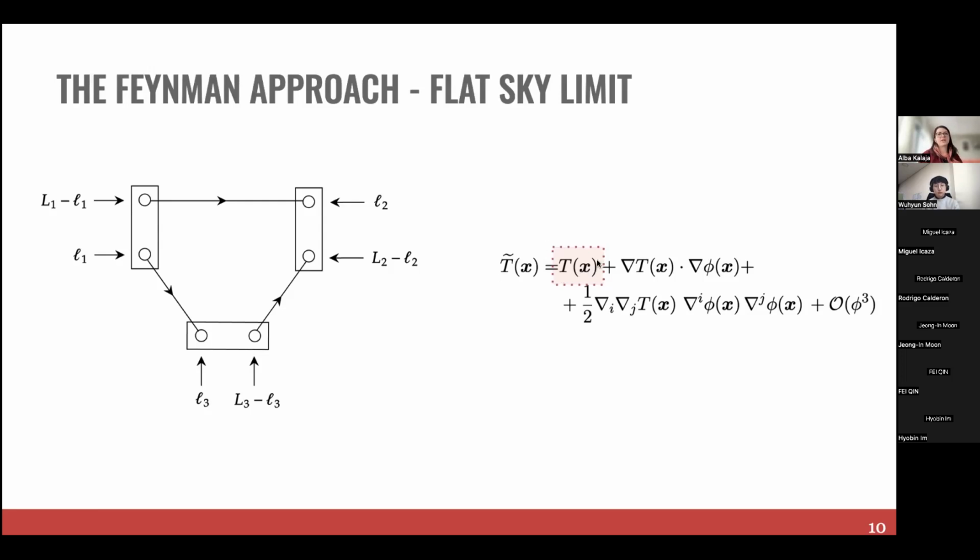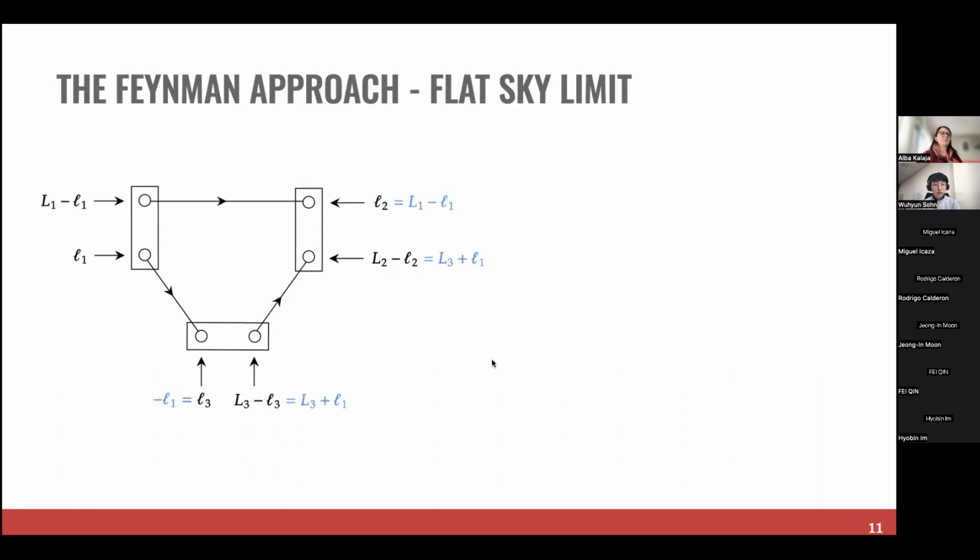So we stop here in our expansion. Then what you have is just the straight lines, because this corresponds to the temperature interaction. And then you use momentum conservation at each vertex to redefine some of these multipoles, because they're not all independent. Indeed, they depend on only one small l.